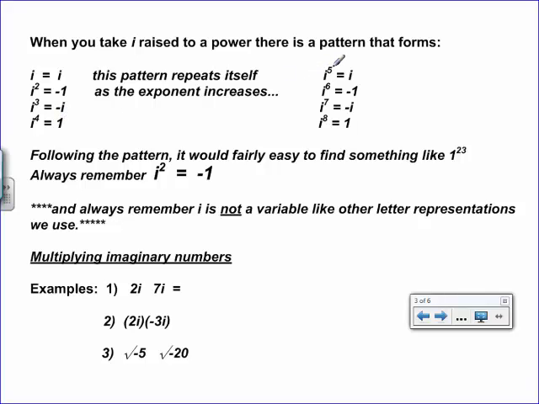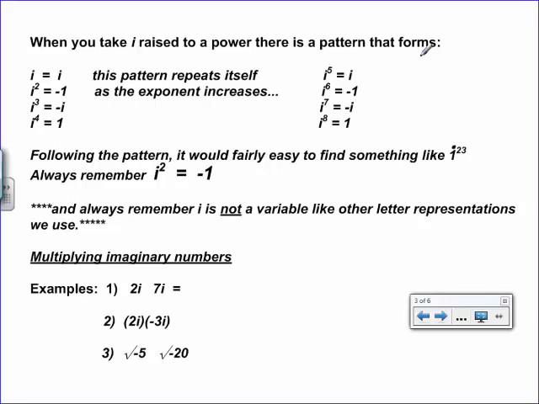And this pattern repeats itself. When you go i to the fifth, sixth, seventh, and eighth, it again follows this same pattern: i, -1, -i, and 1. And if you went i to the ninth, 10th, 11th, and 12th, it again would follow that pattern: i, -1, -i, and 1.